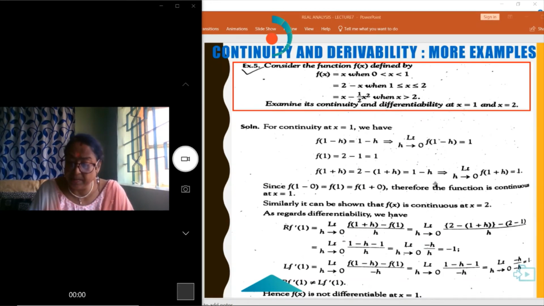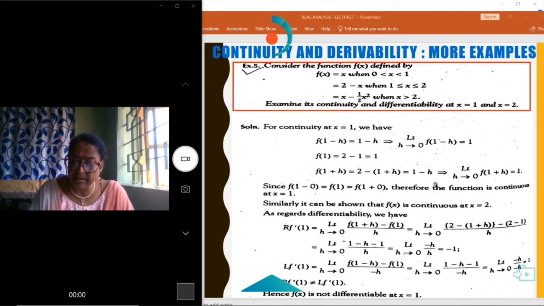And for the third, x is greater than 1. X is greater than 1 means we can take the second value or the third value, both. And after substituting these values, we can find that its value comes out to be 1.